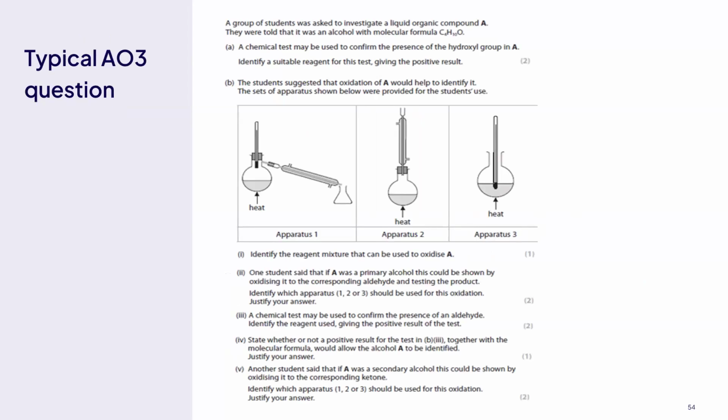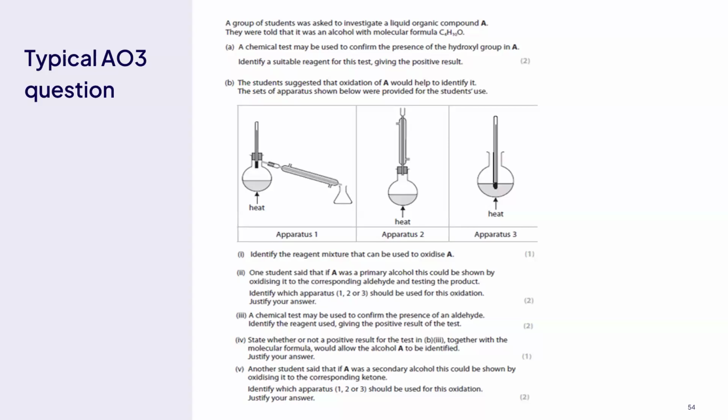There's a typical AO3 question. Everything in there is all about AO3. A chemical test may be used to identify the hydroxyl group, identify a suitable reagent. The student suggested that oxidation of A would help to identify it.